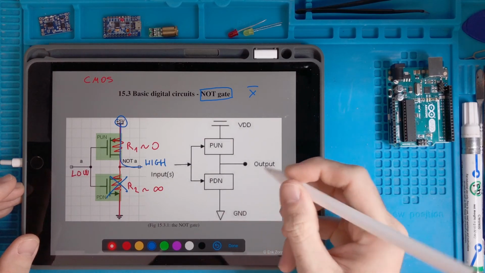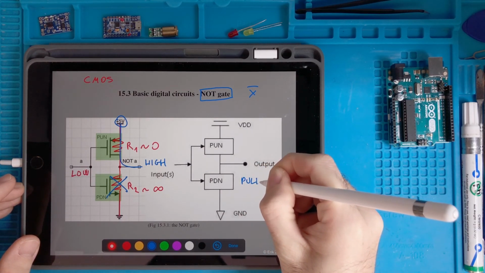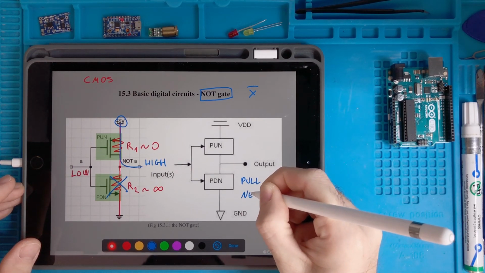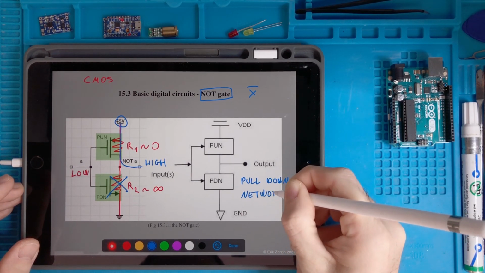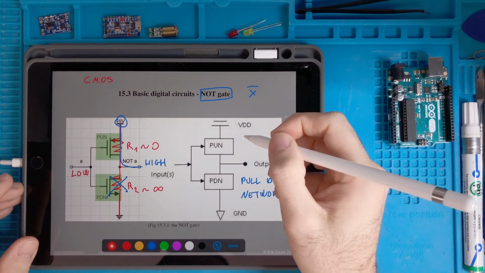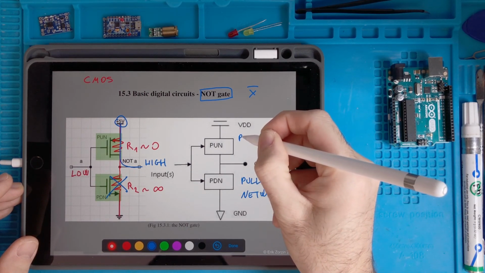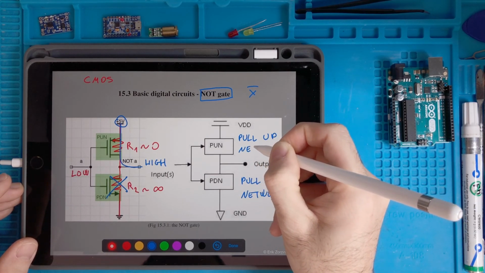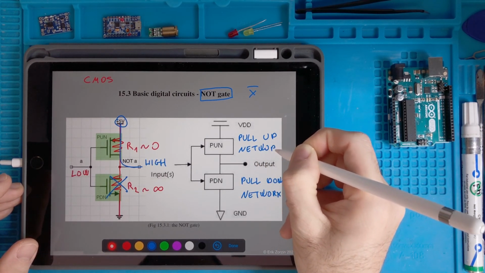The so-called pull-down network and a complementary so-called pull-up network.